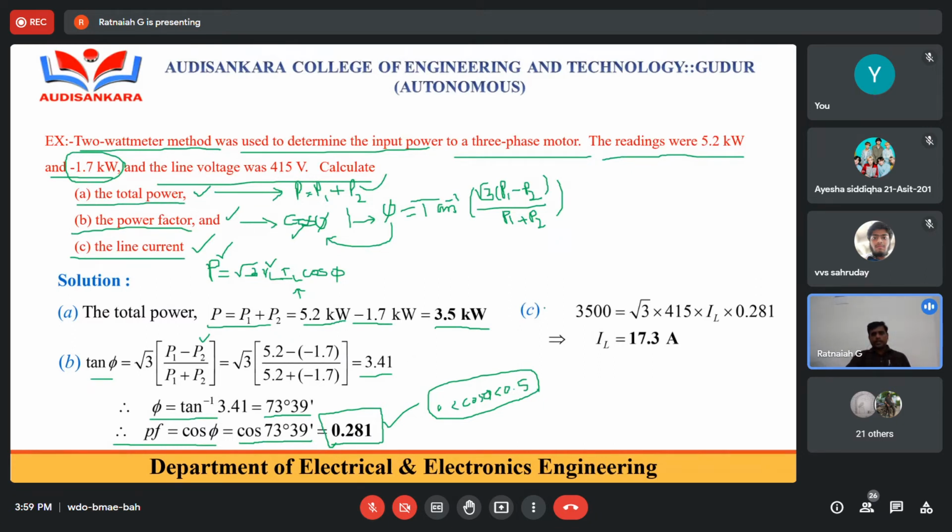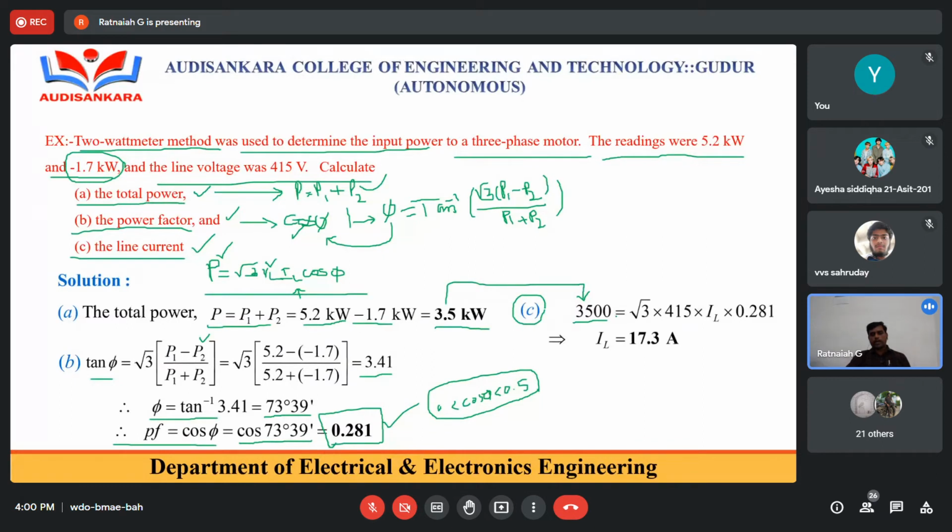Then what is the next one? So what is the third one? Load current, I mean line current. We already know the relationship I explained here: P is equal to root 3 times VL IL into cos phi. Therefore, this total power consumption, that is 3.5 kilowatts, is nothing but 3,500 watts. You can represent this value either in kilowatts or watts, both are the same.